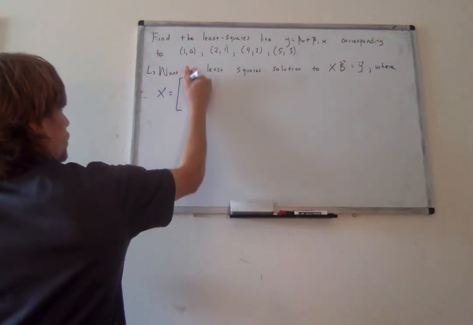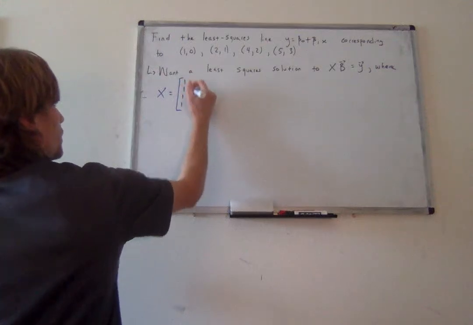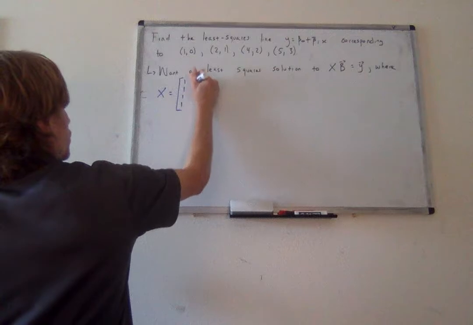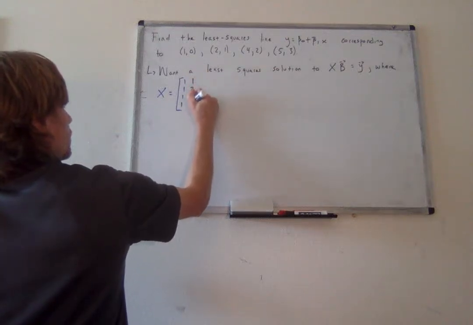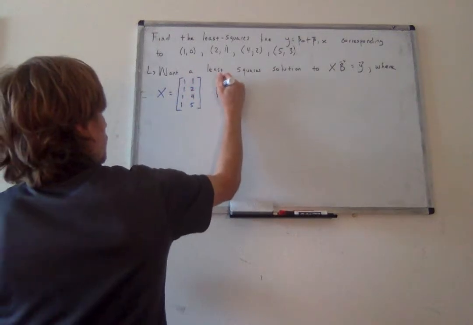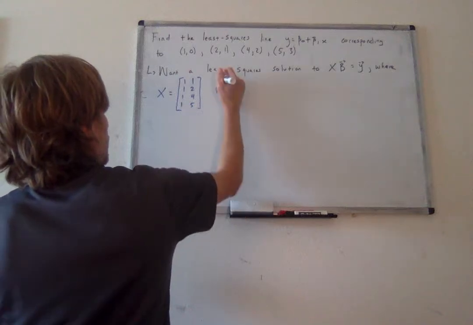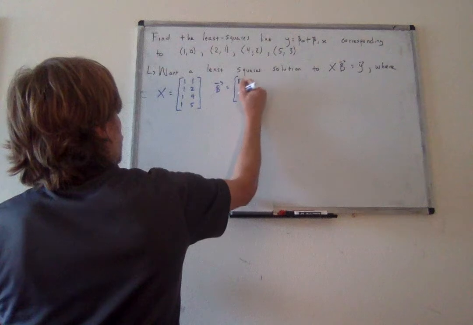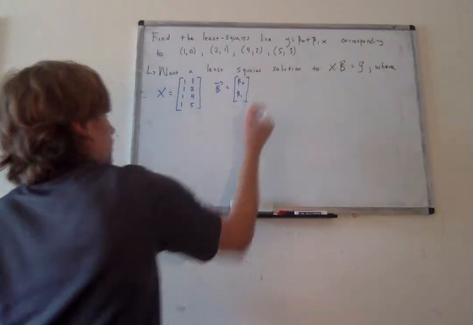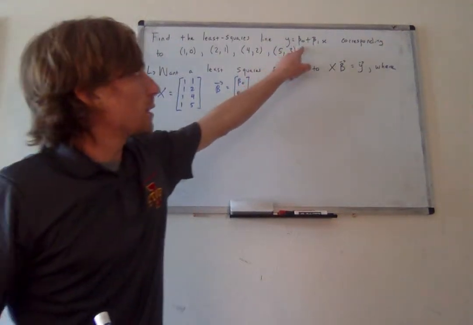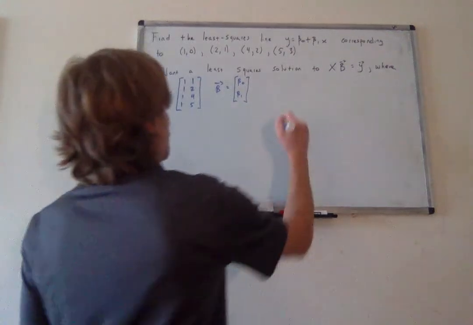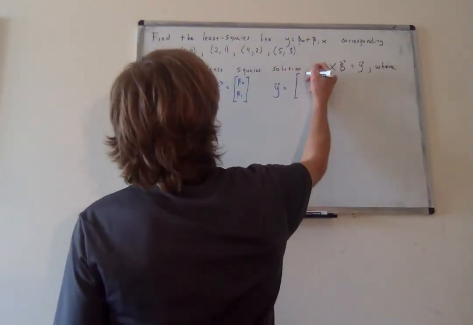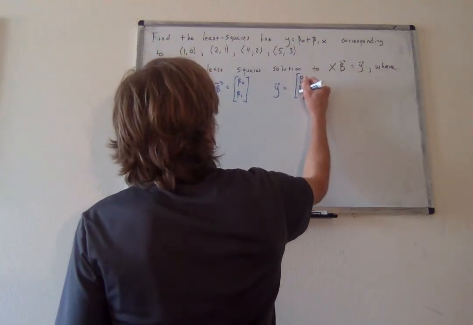X, remember, is a matrix with a first column of 4 ones, then a column containing all of the x entries in order. The vector B here is our variable vector containing variables beta naught and beta 1. We want to solve for the values of these that give us our least squares line. And y is the vector of length 4 containing all of the y entries.